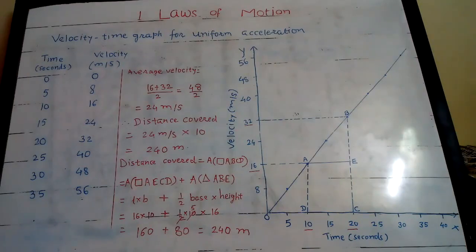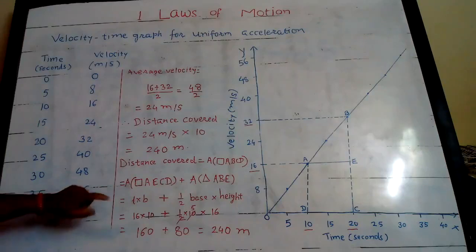How will you calculate the area of the quadrangle? The area of the quadrangle can be calculated by adding the area of rectangle AECD plus the area of triangle ABE. Separately you have to calculate. You know the formula of area of rectangle and the formula of area of triangle; adding those areas, you will get the distance covered by the car.